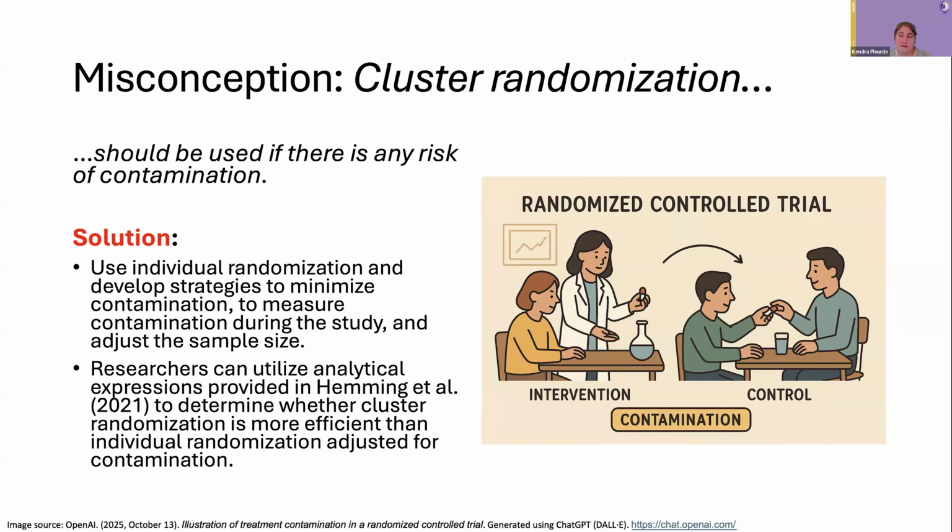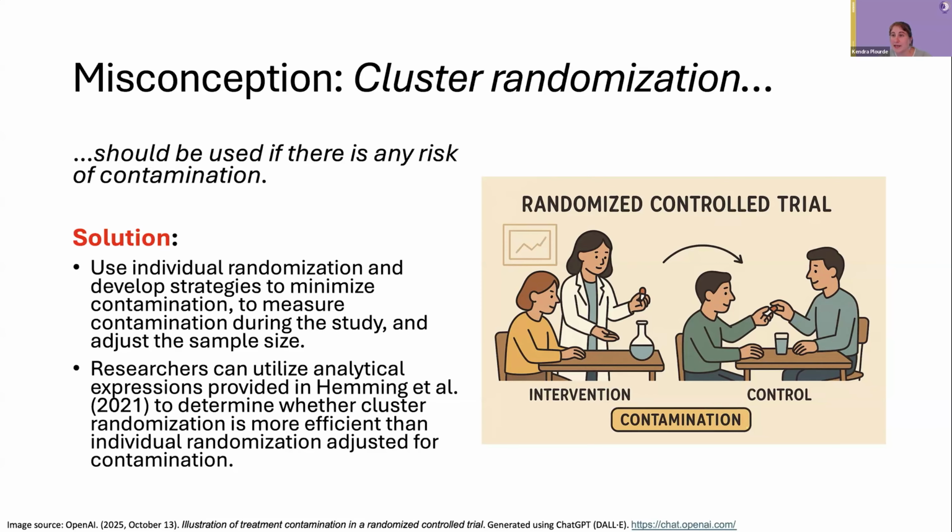Researchers can utilize analytical expressions developed by Hemming et al. to assess whether cluster randomization or individual randomization is more efficient. And when I say more efficient, I mean in terms of total sample size.